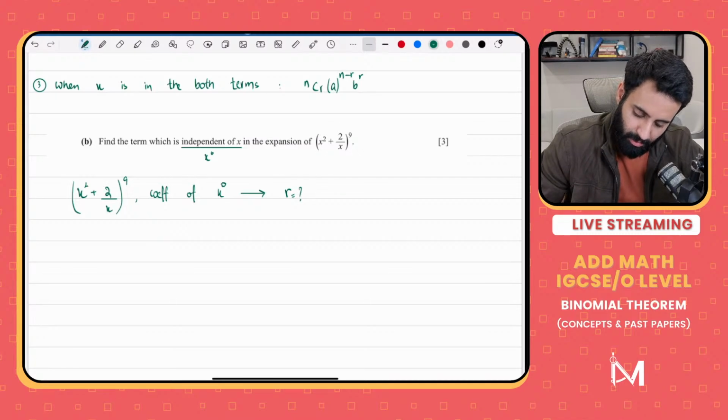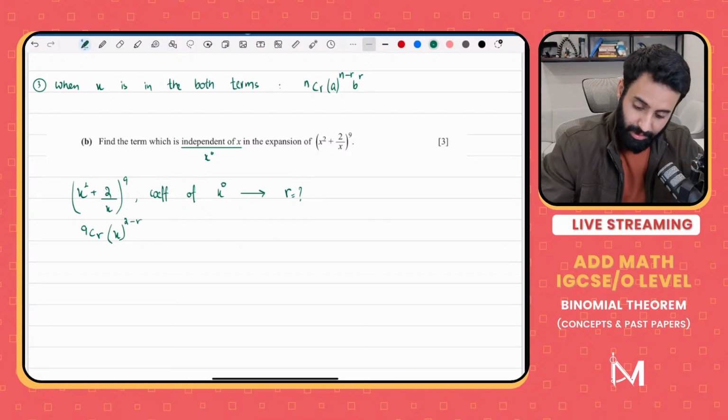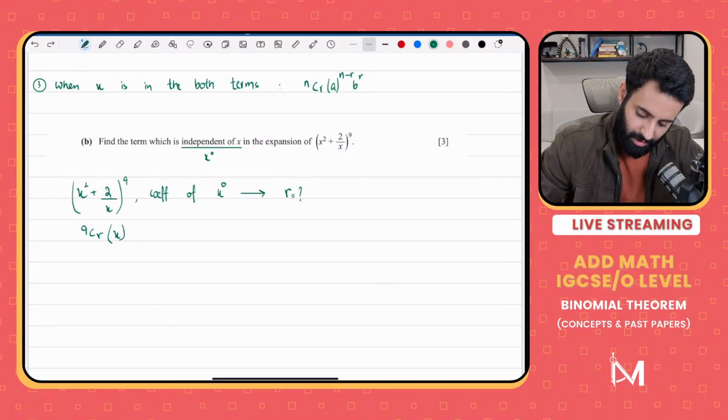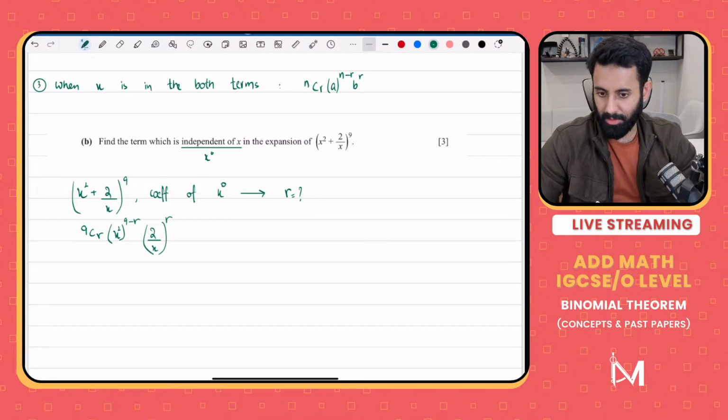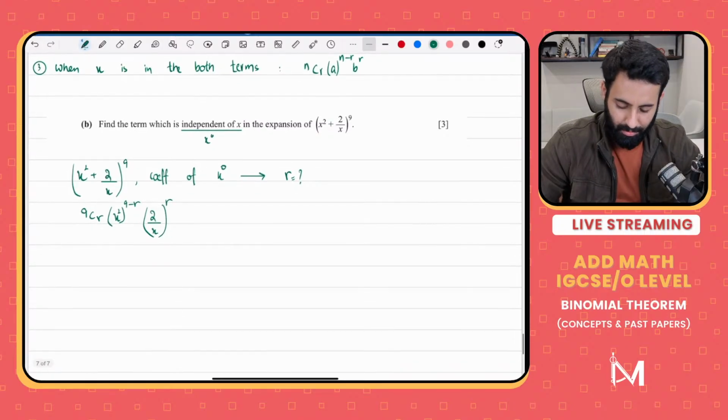Now, what if we expanded without knowing the value of r? This is what it will look like. 9Cr, x square raised to the power 9 minus r, and 2 upon x raised to the power of r. Okay, this is what it would look like if we didn't know the value of r.